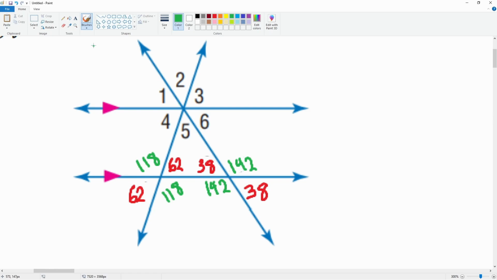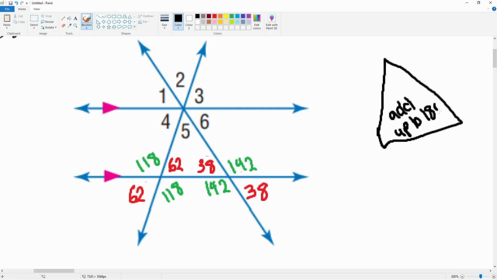Okay, let's work with inside this triangle. We know that inside any triangle the total angles here have to add up to what? Okay, they have to add up to 180. So far we have the value of 62, 38, and we need to know this angle here, which was angle 5.